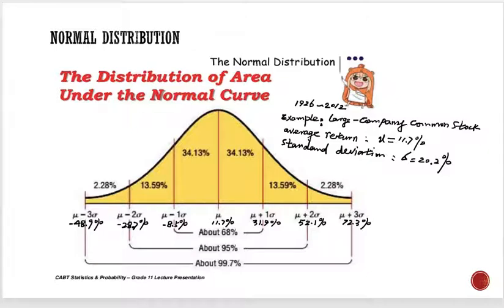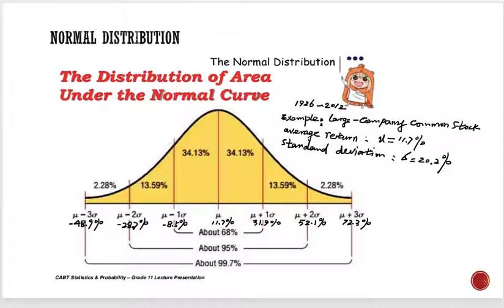That means you are going to expect, 68% of 10 is 6.8, so about 7 years, your return is going to fall into this category.